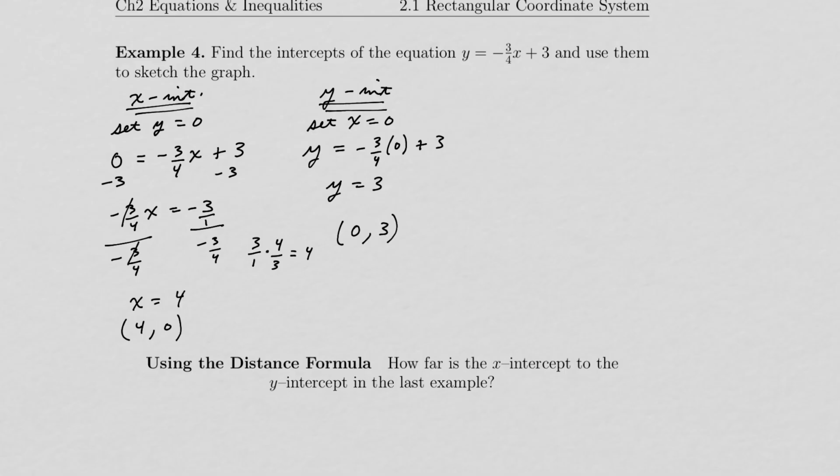Okay, so let's plot this. So I have 4, 0. Let me just draw some tick marks here.